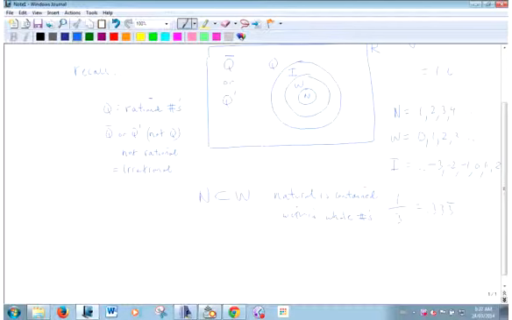Or, in this language, in this chapter, we're going to say the set of natural numbers is contained within the set of whole numbers, because all of these numbers are here. The only difference between natural and whole is whole has a 0. That's it.